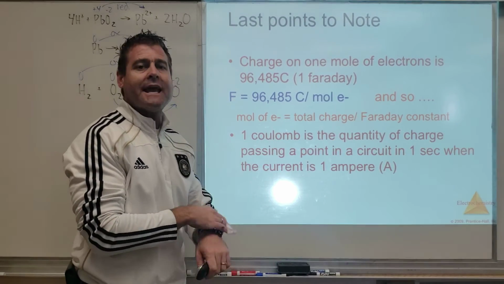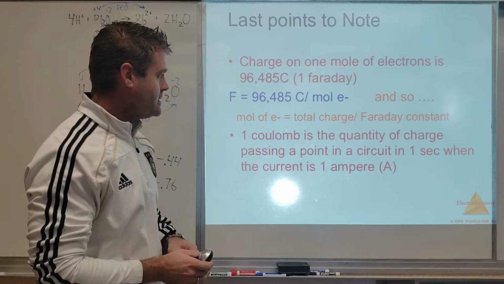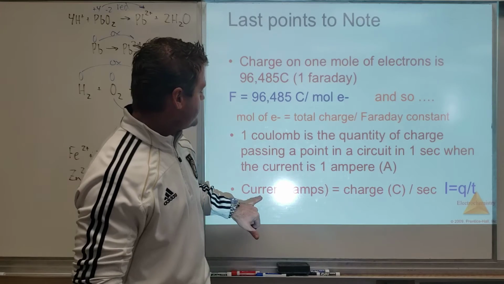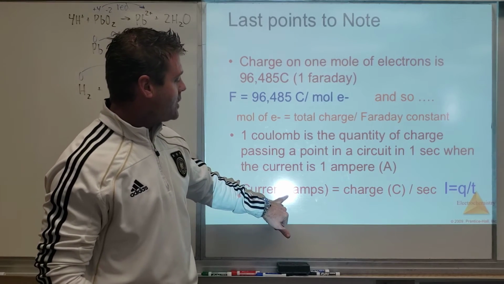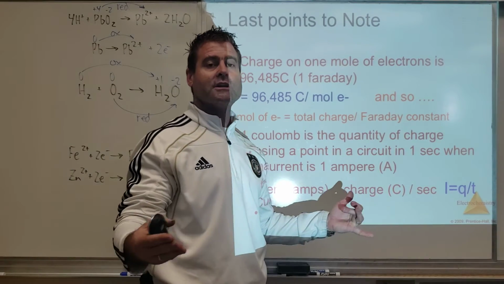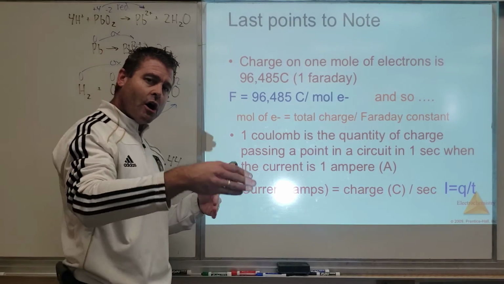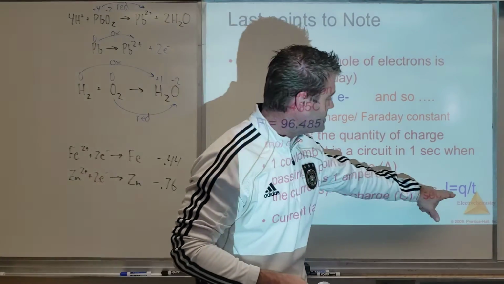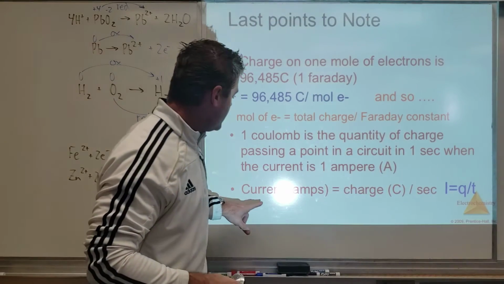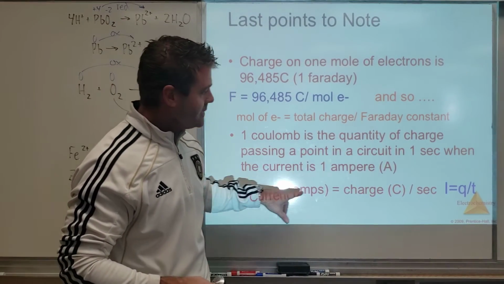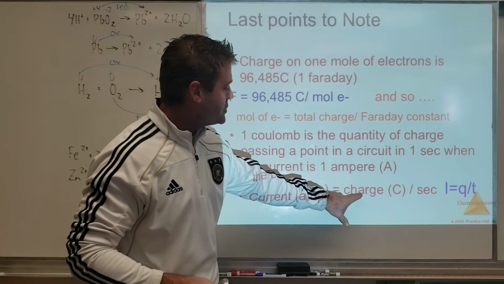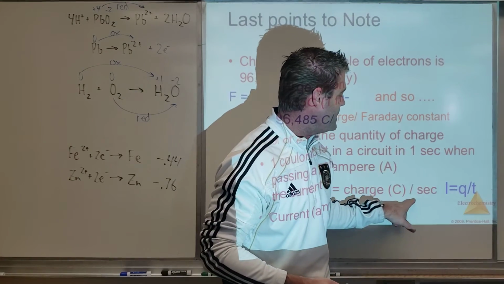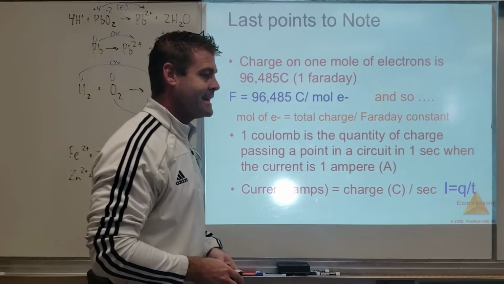You've heard of amps. An amp is a measure of current. So rearranging this, current is equal to charge per second. When we're talking about current, we're saying how much charge is passing along every second. Here's an abbreviated way: we use I as an abbreviation for current, Q for the amount of charge, and T for time, in seconds.